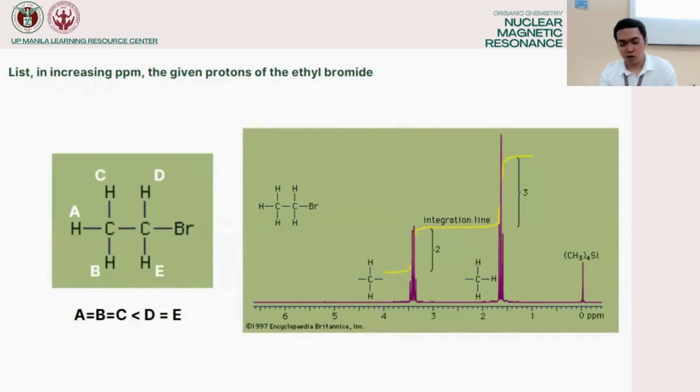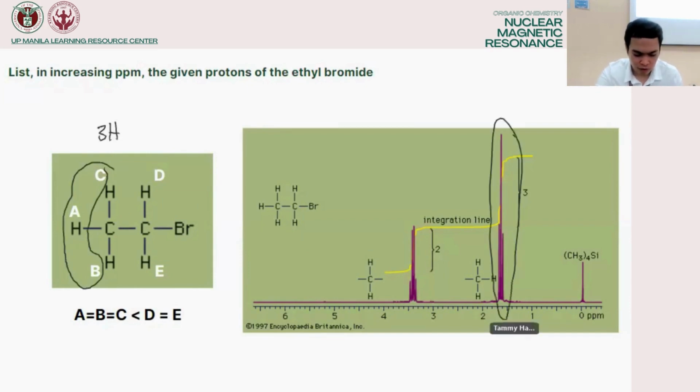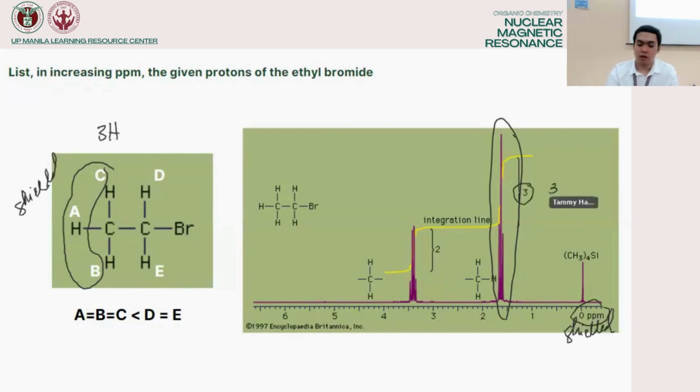So, yan. Papakita ko sa inyo. Bakit? These are the 3 hydrogen dito. Mas malapit sila, di ba? Kasi dito, sabi natin, shielded part ito. Mas malapit siya sa 0 ppm. Ito yung integration 3. Ito 2.